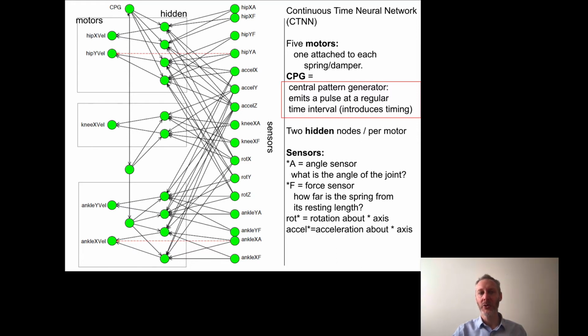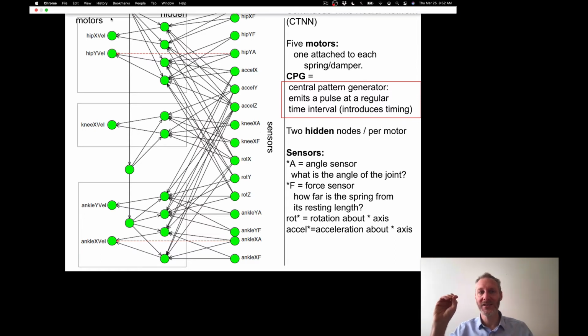And we're going to include one additional neuron called a central pattern generator. So this is, again, something that we haven't seen yet. We mentioned the bias neuron last time. The bias neuron always emits a value of 1, and that bias neuron allows a robot to act even if all of its sensor values are at or near 0. A central pattern generator emits a pulse.